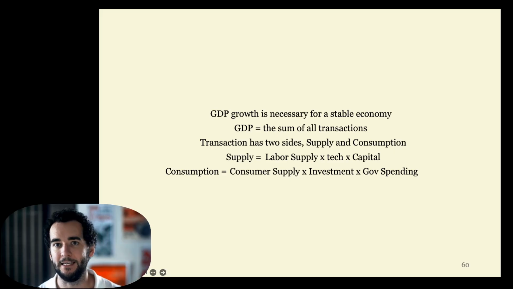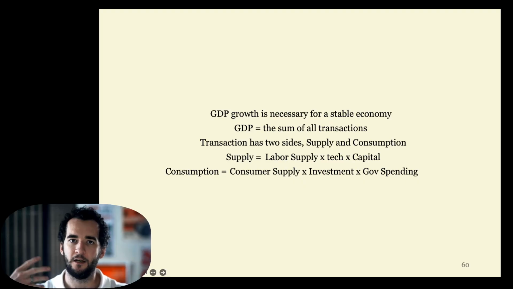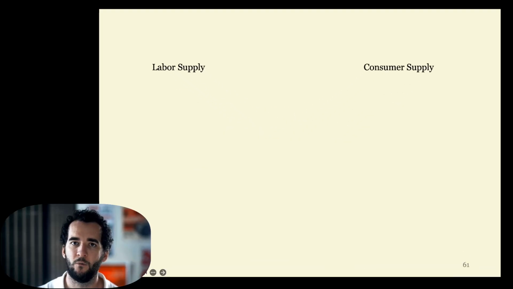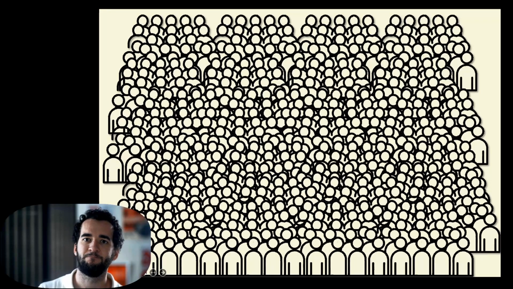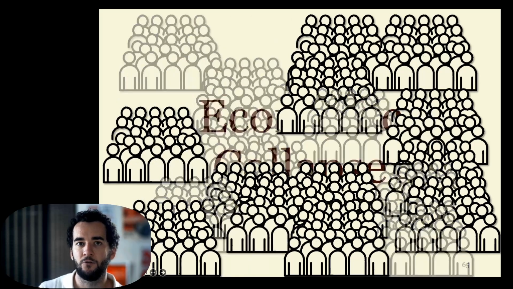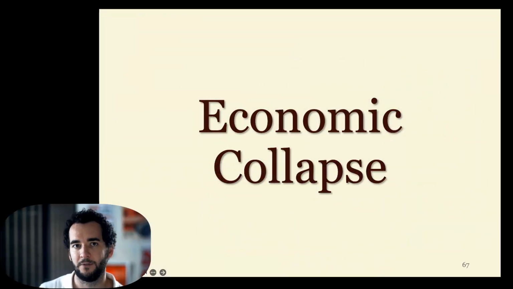So what do we see on both sides of this transaction? What's present in each one? Well, we have labor supply and consumer supply. And broadly, what those phrases are referencing is people. So what happens when your population collapses? What is the true threat of population collapse?